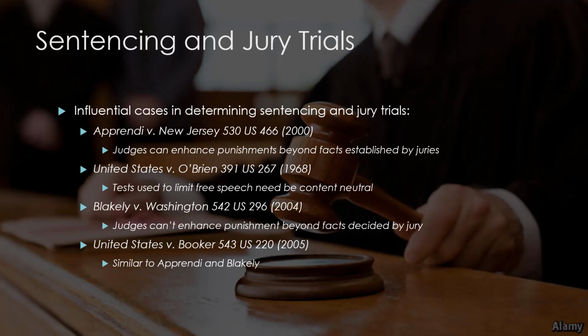Sentencing and jury trials. Now, one of the things is a courtroom is itself broken up. Sometimes there is just a judge. That is called a bench trial, in which the judge makes the decisions about the law. He is what is called the finder of the law, and he's also the finder of the facts. He makes the decision.